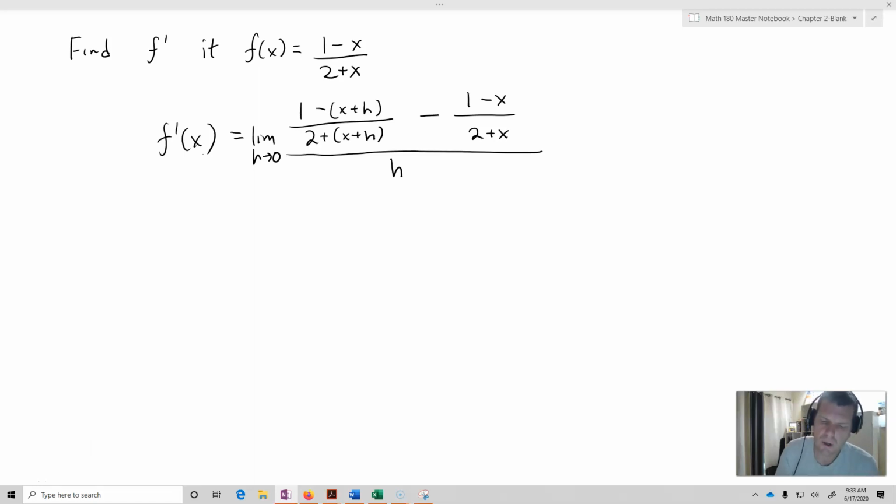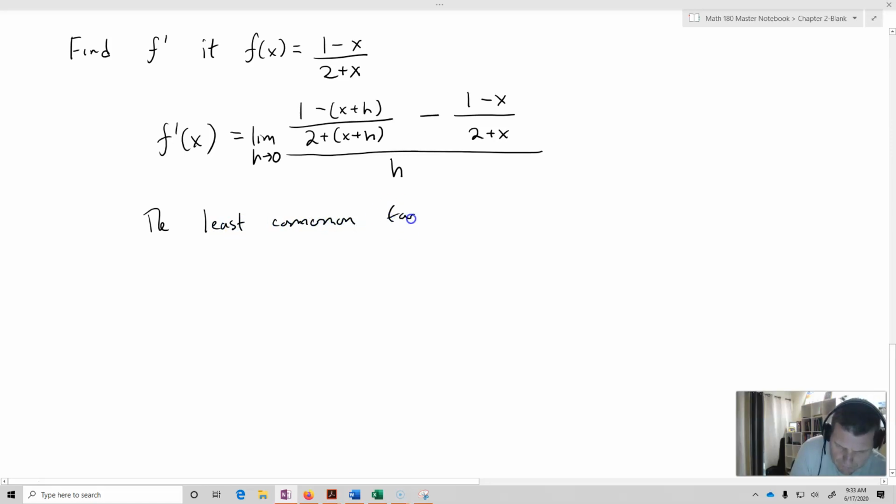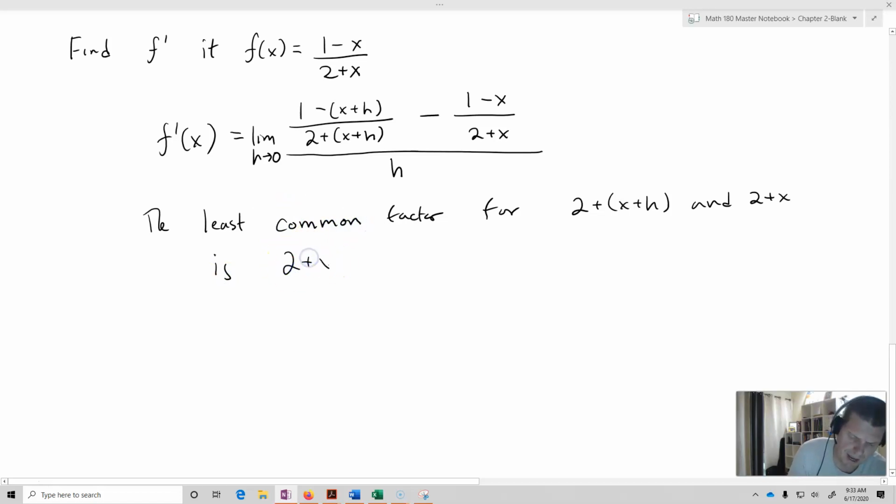So what that means is that the least common denominator for 2 plus x plus h and 2 plus x is 2 plus x plus h times 2 plus x. So we'll multiply the top and the bottom by both of those.